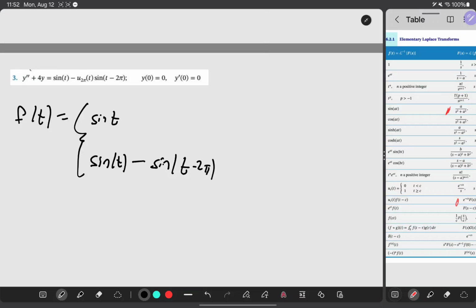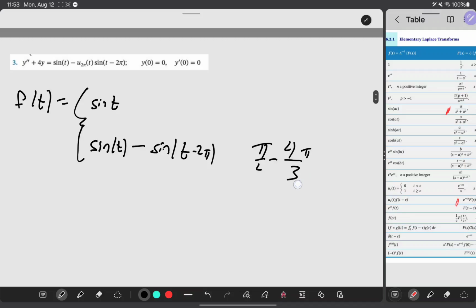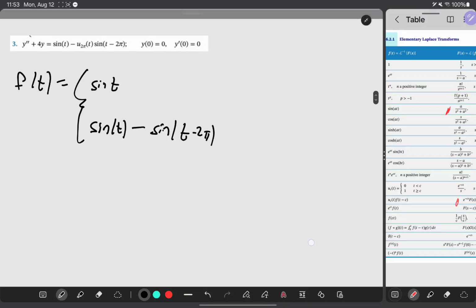Say we plug in a pi, sine of pi is 0, sine of negative pi is 0, 0 minus 0. Say we plug in a pi over 2, sine of pi over 2 is 1, pi over 2 minus 2 pi, what is that? That's negative 3 pi over 2, right? Which is equal to pi over 2, by the way. That's just 1 minus 1, which is 0, right? So no matter what you plug in for t, it would always be the same thing.